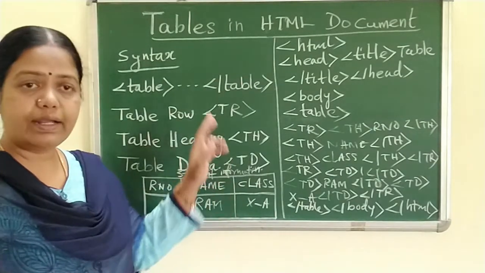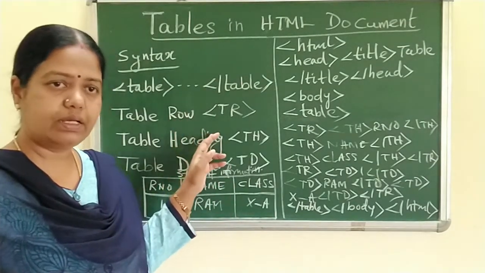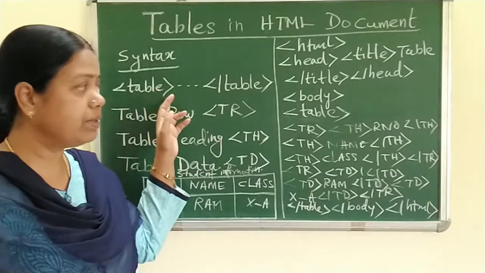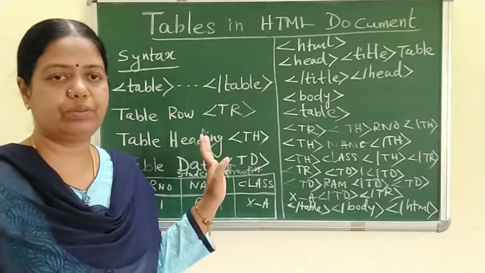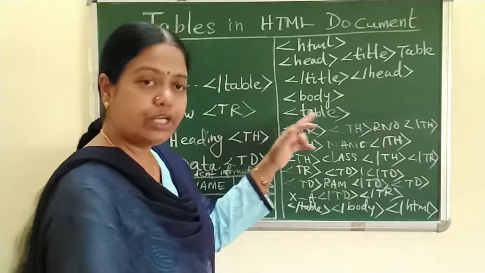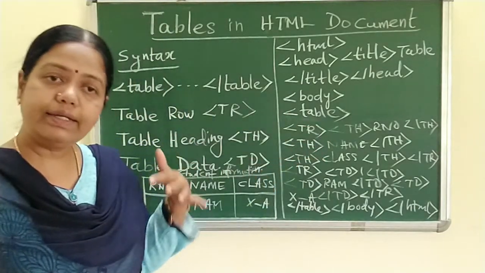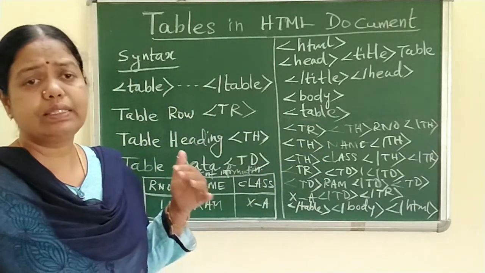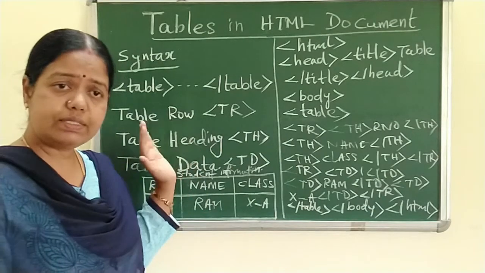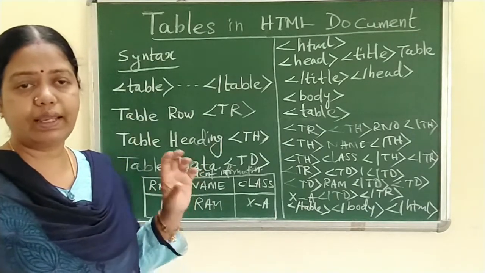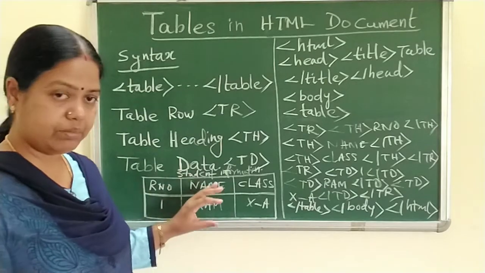There is another element associated with the table tag, which is caption. You can include caption inside the table tag. With the help of this tag, we can display the heading along with the table.